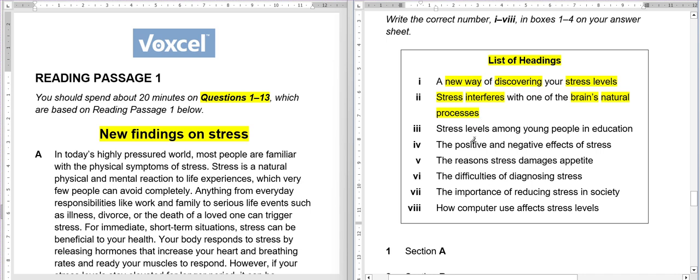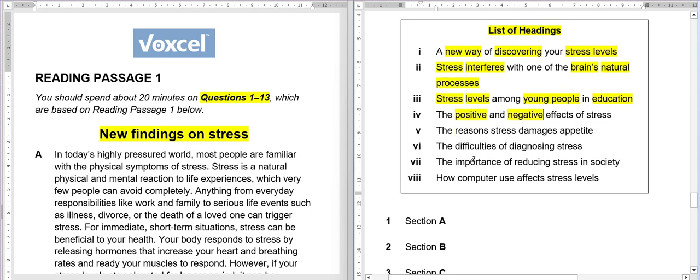Third, stress levels among young people in education. So we have to talk about stress levels among young people, people who are in education. Fourth, the positive and negative effects of stress. So whatever paragraph discusses both, not only positive or only negative, both positive and negative effects of stress, that paragraph will have the fourth as its answer.